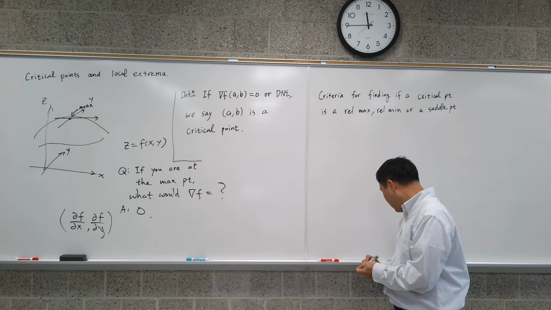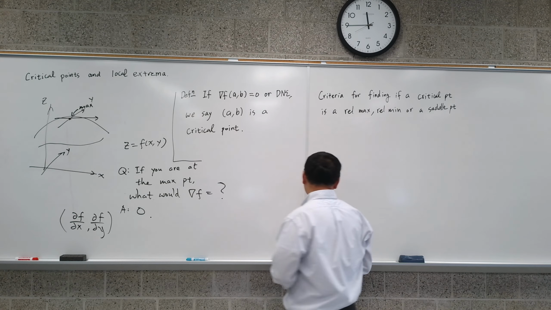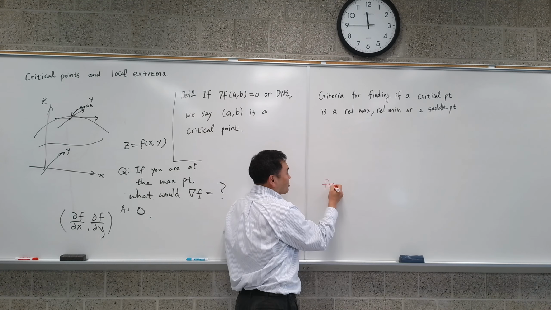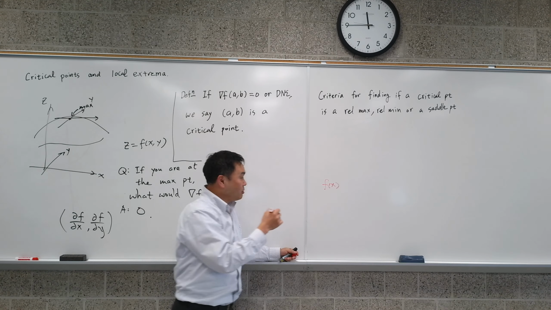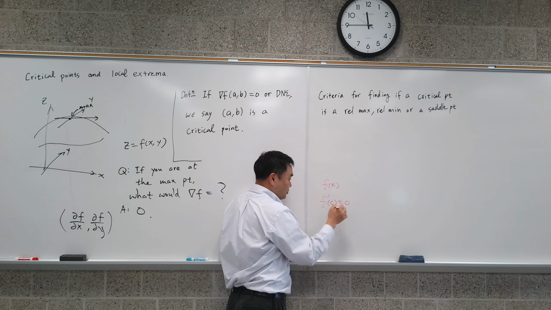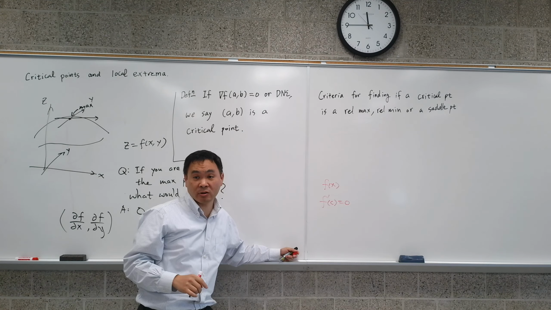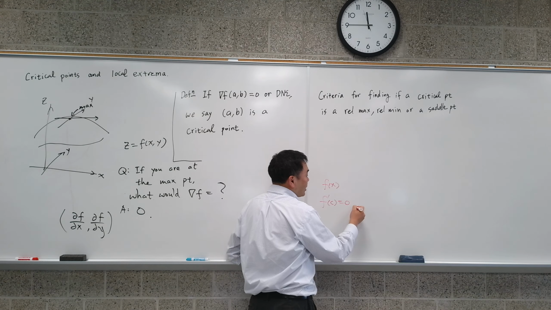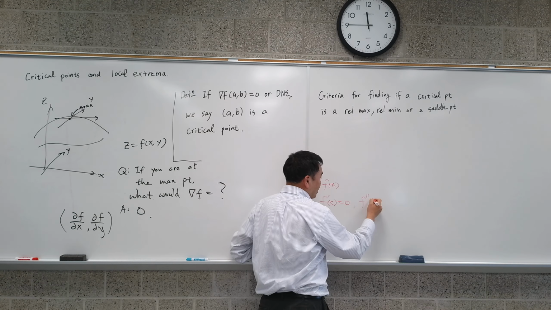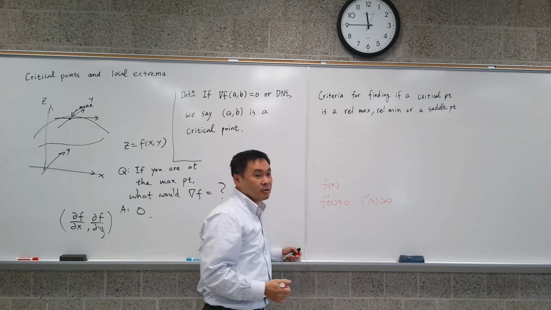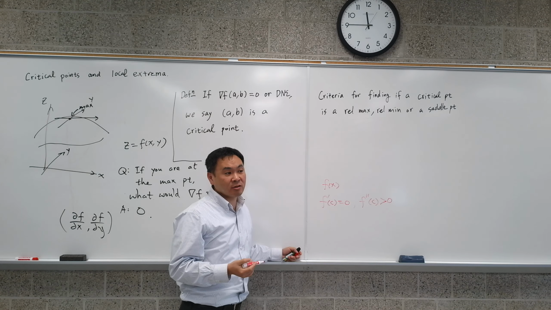Do you remember the second derivative test? So what was the second derivative test for a single variable function? Let's say you had f prime of c equal to 0, so that c is a critical number. And then if you had f double prime of c positive, then at c, what do you have? Relative max or relative min?